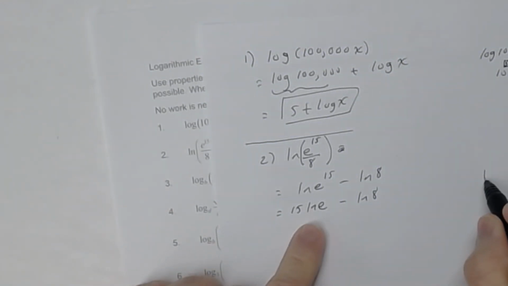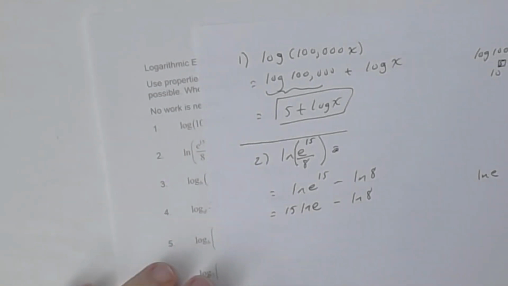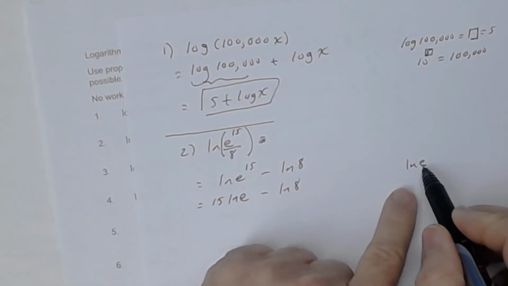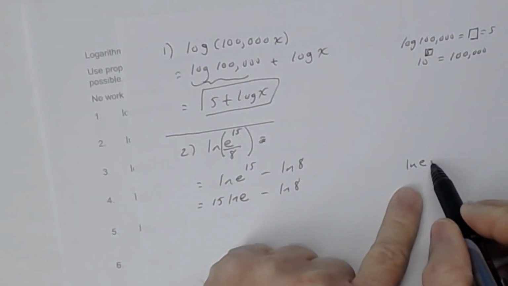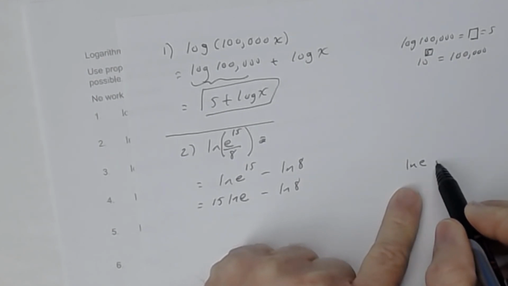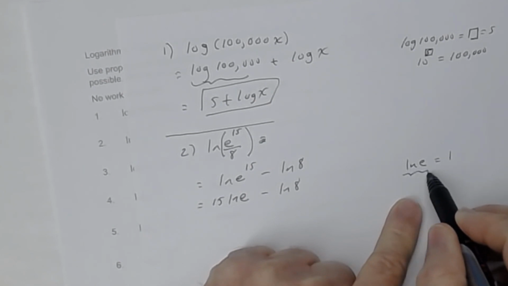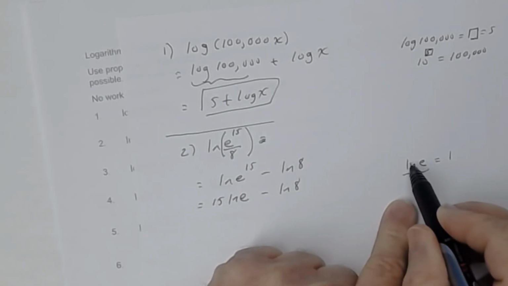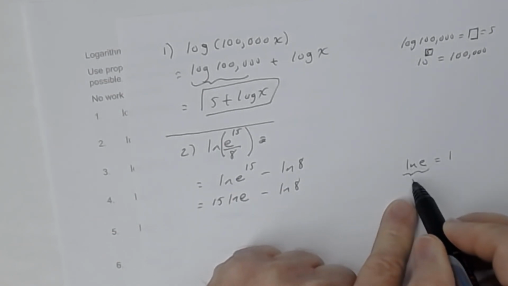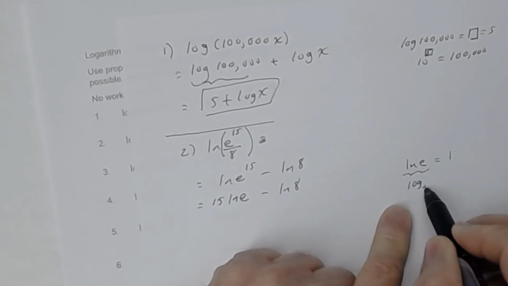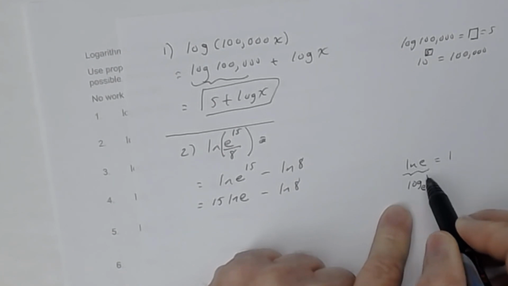So let's think about this, the natural log of e. Some students, when they look at this, if they don't automatically know that this is equal to 1, then what some of them will do is this. They'll rewrite the natural log. Remember, natural log automatically has base e. So they write this as log base e of e.